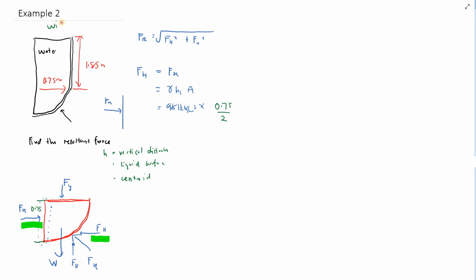The width of the tank, we take it to be 2 meter long, so it's actually a rectangle shape from this side. Now coming back to our Hc, is this all? It's not complete. Because it is a vertical distance to the centroid, but it's not measured from the liquid surface. Your liquid surface is 1.85 meter above your imaginary vertical line, so you have to add 1.85.